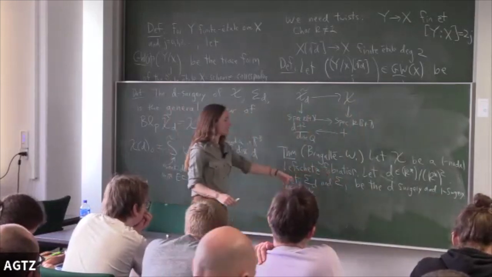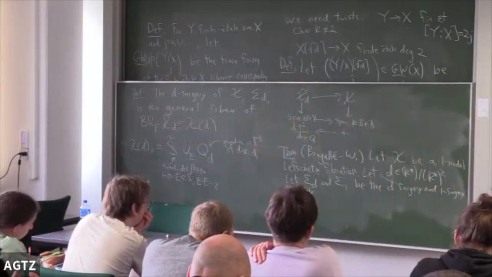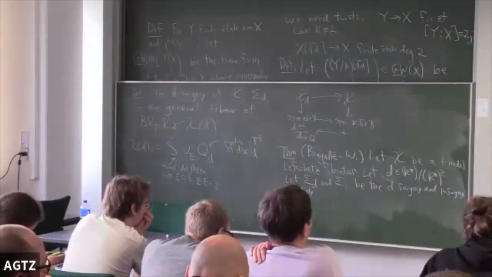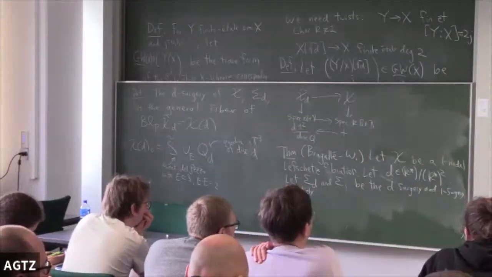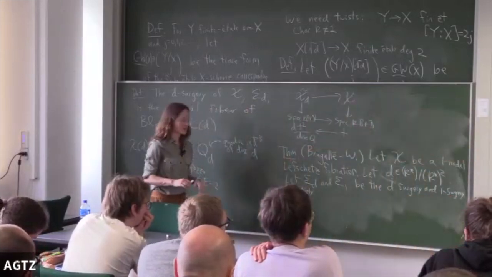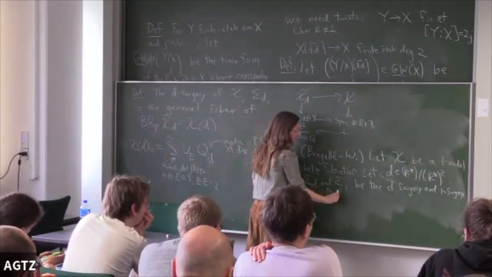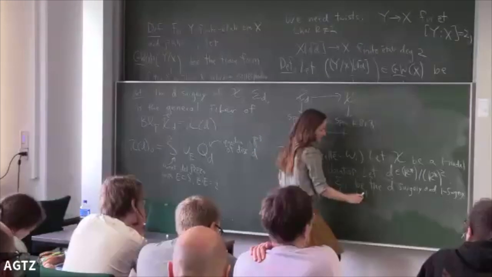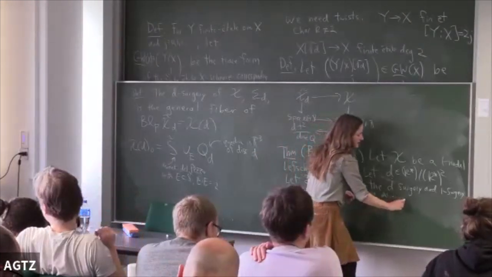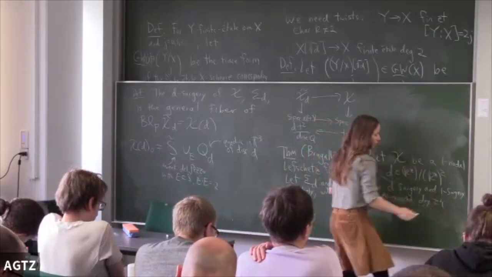Suppose that at least one of them is A1 connected. Oh no, there's no degree constraint here; we put the degree constraint on the Del Pezzo surface. So at least one of them A1 connected, with the degree of the Del Pezzo greater than or equal to 4.